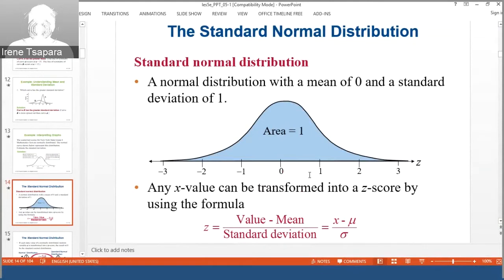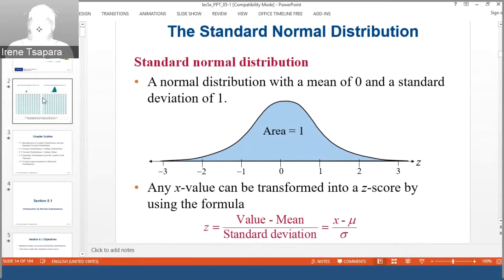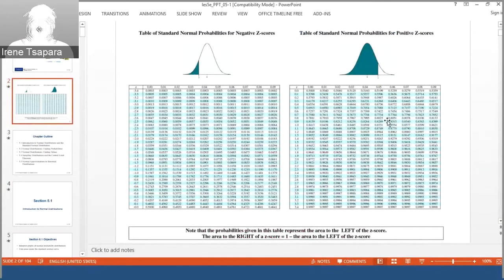So this is what they did, and they created this table that we call the z-score table.